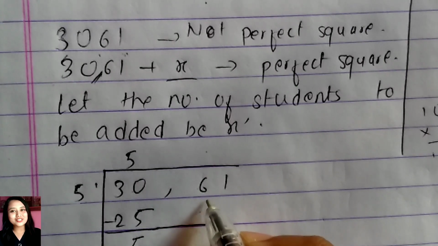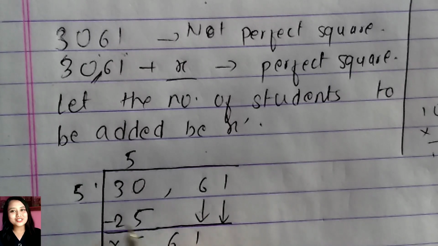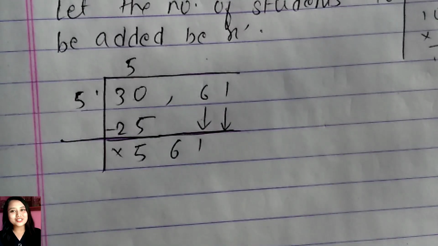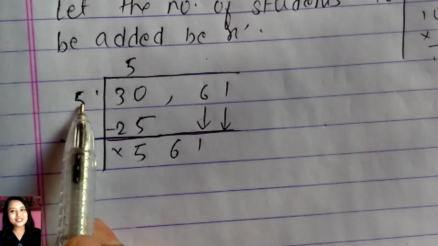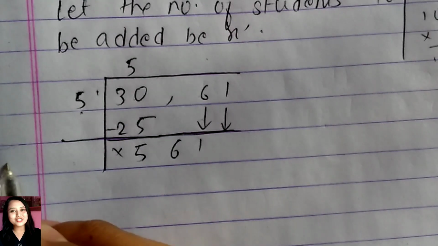Now this 61 also goes down, so we have 561. The other thing to understand is that this 5 should always be doubled, meaning multiplied by 2, so 5 2s are 10.